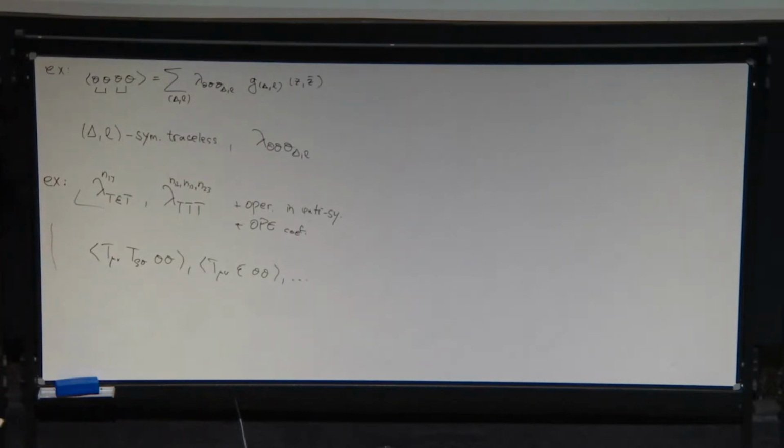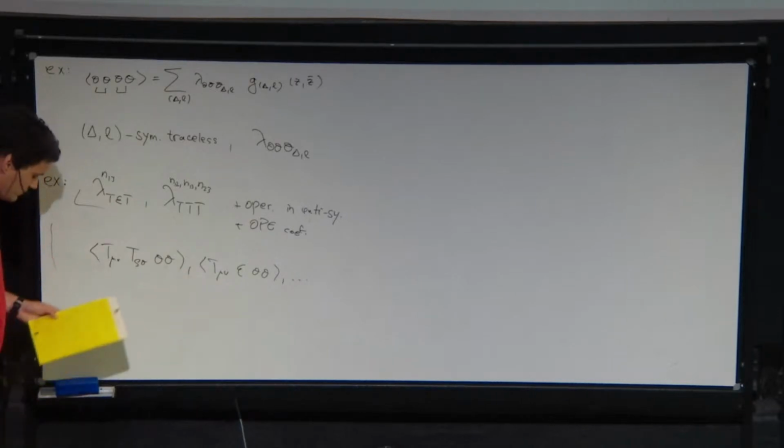So it will be very interesting to see what results they get and how they compare to our results. But in practice, this is hard to do, and it's very hard to obtain some bounds from studying these types of correlators.